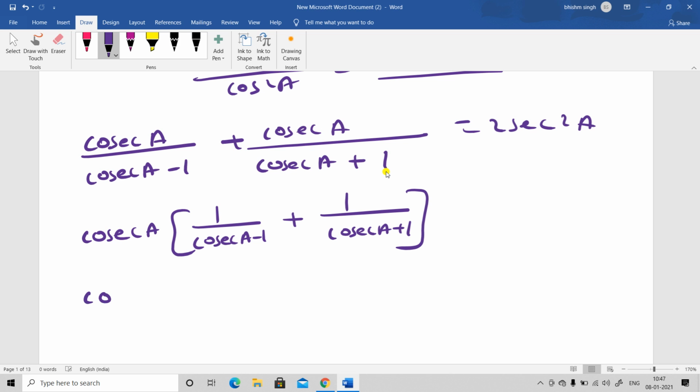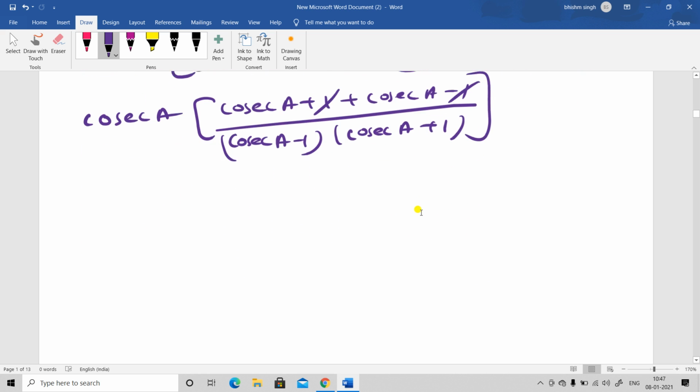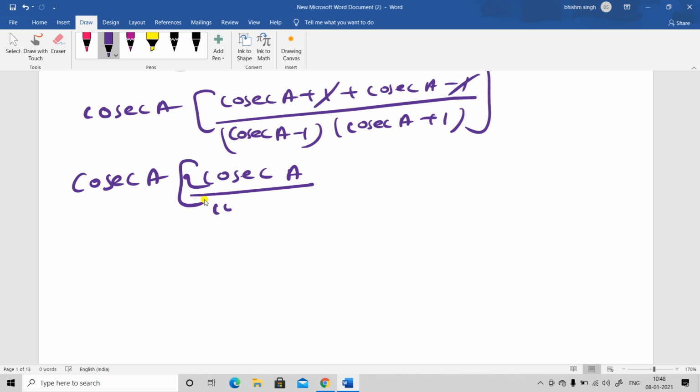Okay, so cosec A, now what I will do here, cosec A plus 1 plus cosec A minus 1 divided by cosec A minus 1 and cosec A plus 1. So a minus b, a plus b, this is the concept here. Cosec here, 2 cosec A, and this is the a minus b and a plus b, so I can write here cosec square A minus 1.